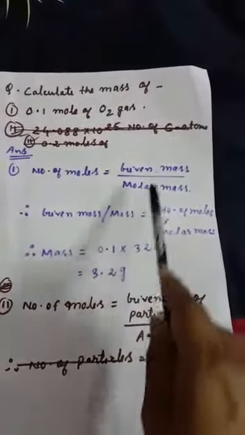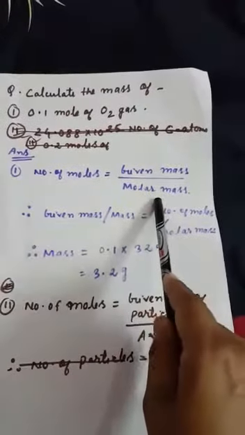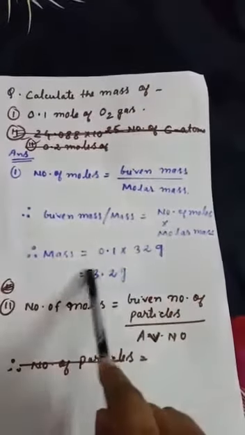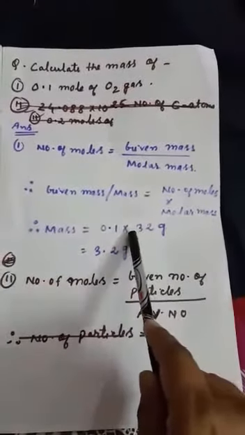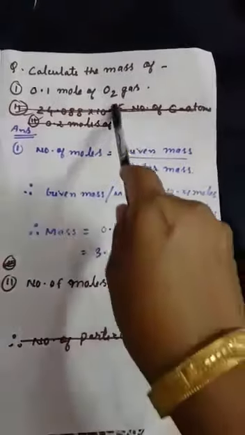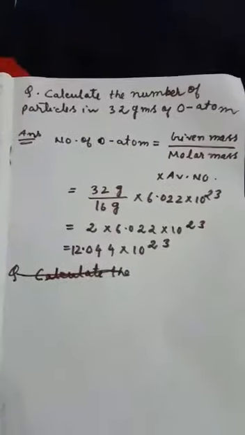If you cross multiply, number of moles and molar mass give us the given mass. So mass equals number of moles multiplied by molar mass. Number of moles is 0.1 and molar mass of oxygen gas is 32 grams. So it is 3.2 gram.